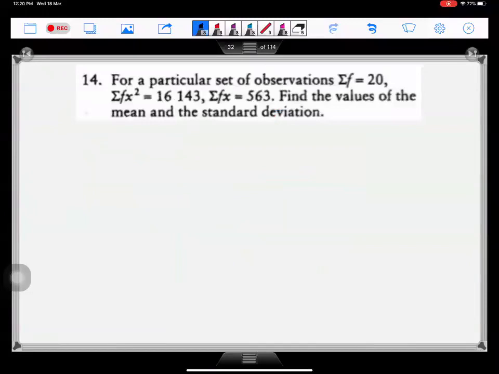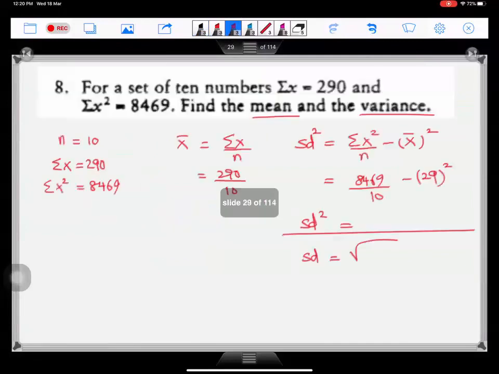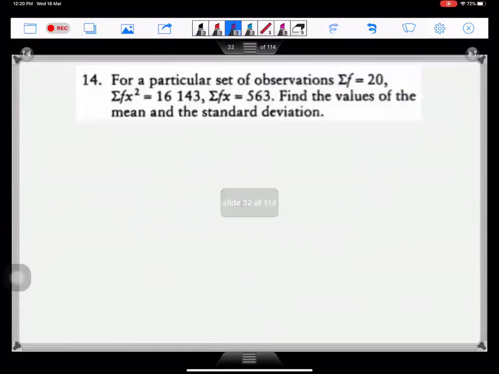What about this question? For a particular set of observations, sigma f is 20, sigma fx square is this, sigma fx is this. Find the value of mean and standard deviation. So now this time, which formula would we be using? This one or this one? I think the first one we are using right now. X bar, sigma fx over sigma f.